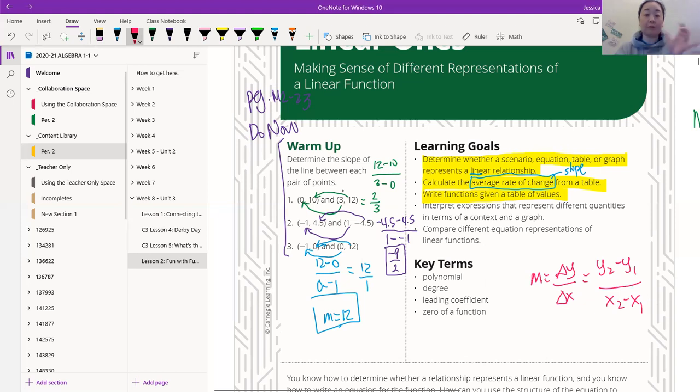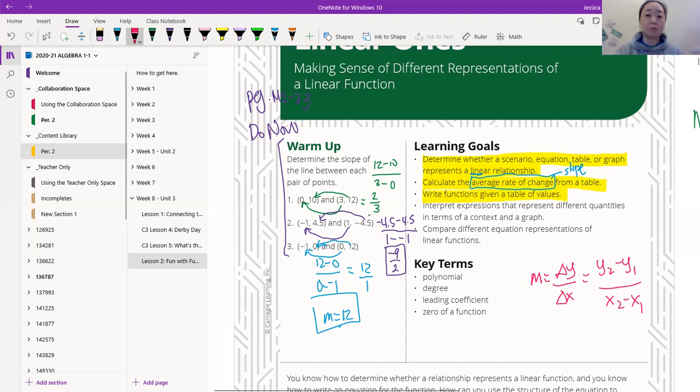I can't just do whichever combination, because then your numbers will be fine, just your negatives will be off. So 12 minus 10 is 2, 3 minus 0 is 3.